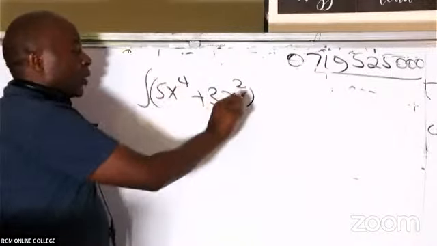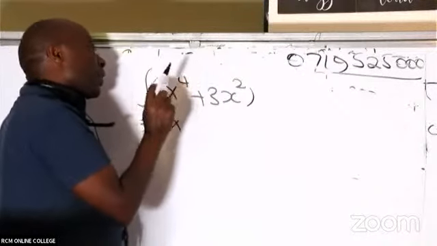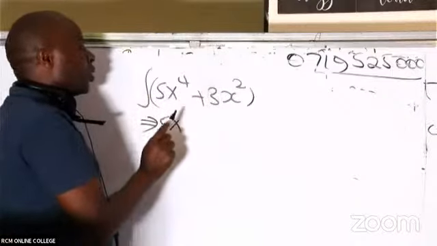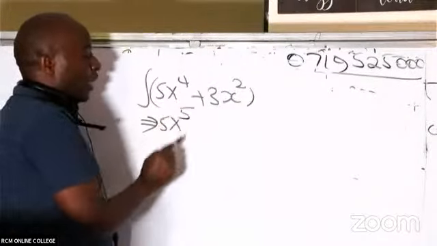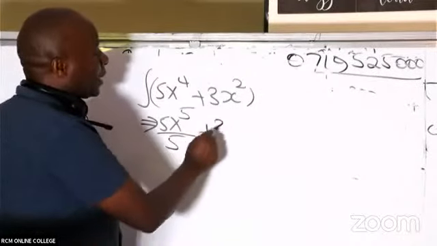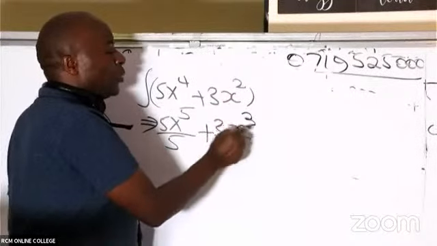So then this one here will be 5x raised to an increased power. Remember, in integration, we are summing. In integration, we talk of increased power. So this one will be 5x raised to power 4 plus 1, which gives me 5. So it will be 5x raised to power 5 divided by 5, plus 3x raised to the new power 3, divided by 3.